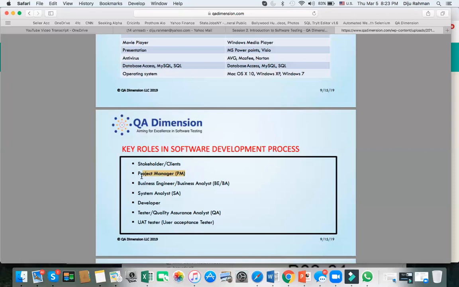So let's say somebody says that you'll have to work with the project manager. Now you know what a project manager is, right? You basically have to tell the project manager what the status of your work is. If you're testing something, and the project manager asks you what the status of your work is, then you have to say, okay, maybe today I finish XYZ, maybe I need another 3 or 4 days to complete my work, or something like that, right?